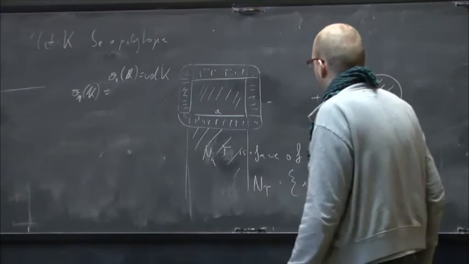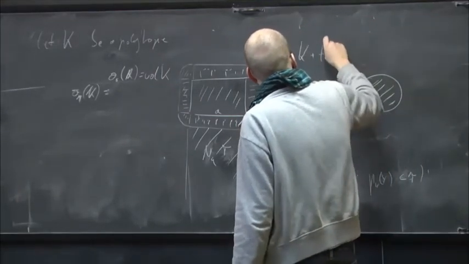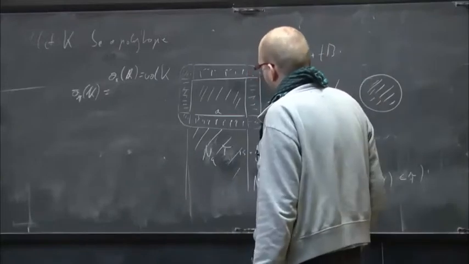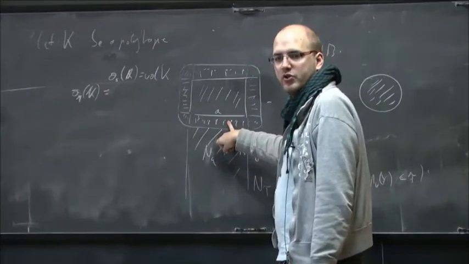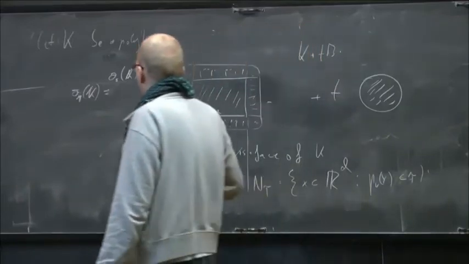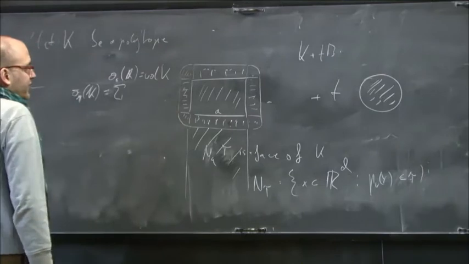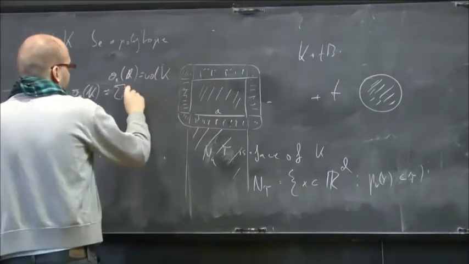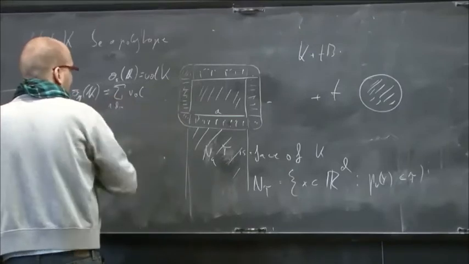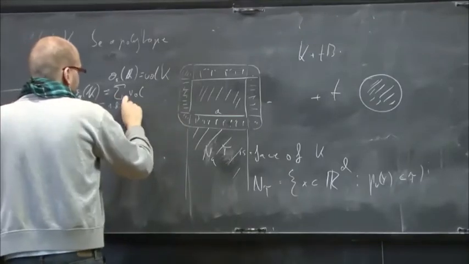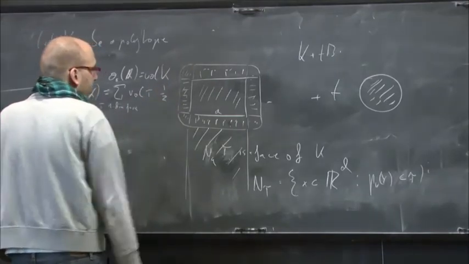And the restriction of K plus t times B to n of A precisely gives me one contribution to the linear coefficient. So what I want to write here is the sum over one-dimensional faces tau of the volume of tau times a half.